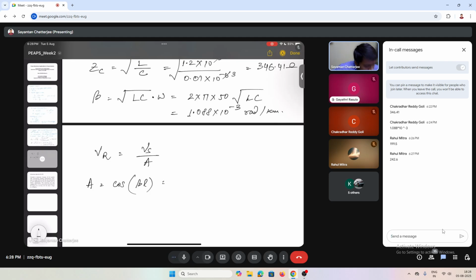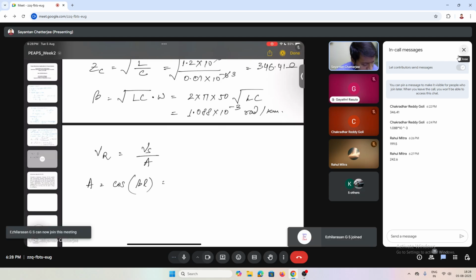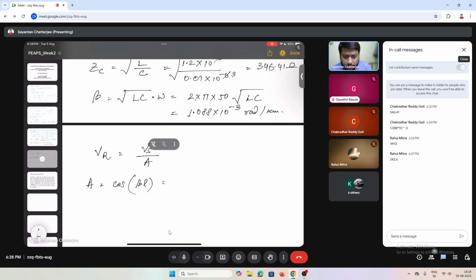Something is wrong here. Cos beta L, the value of A, is coming as... I just have to calculate.